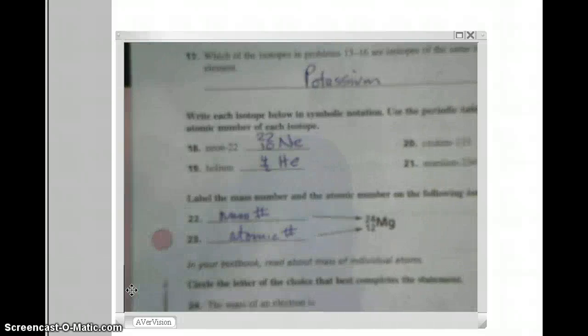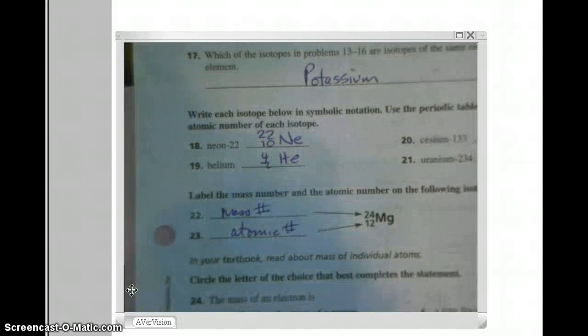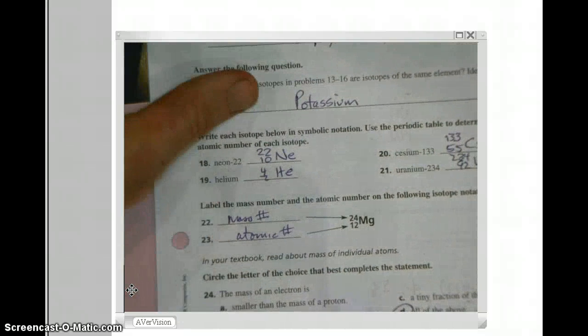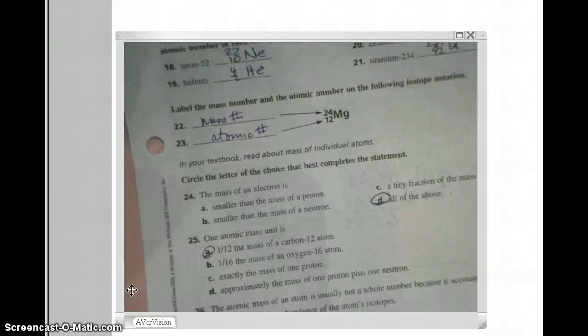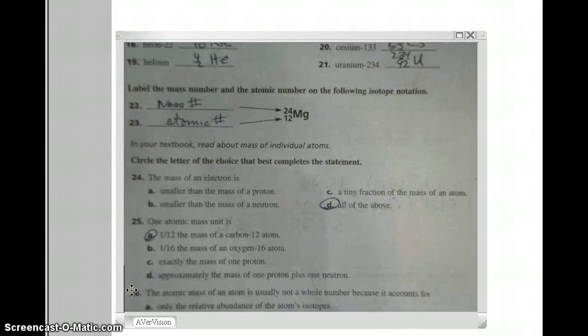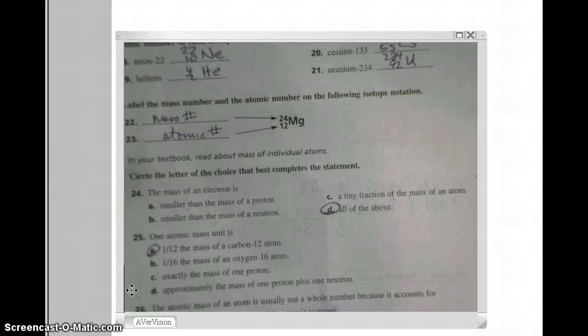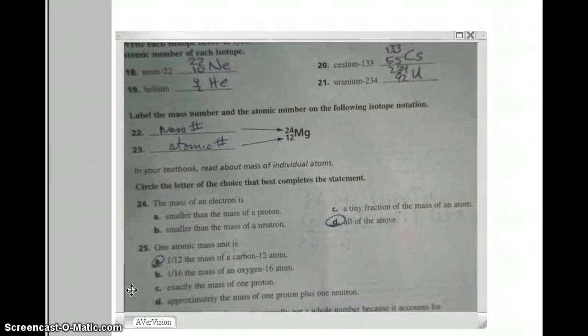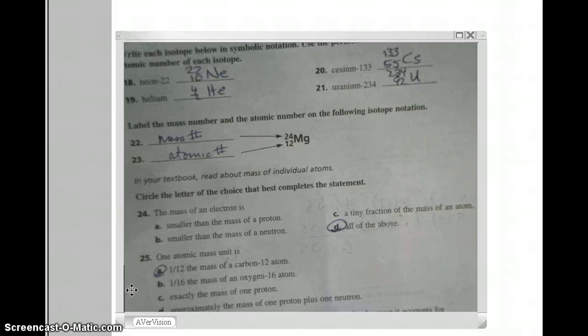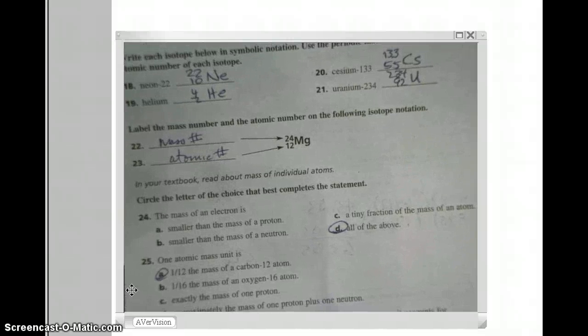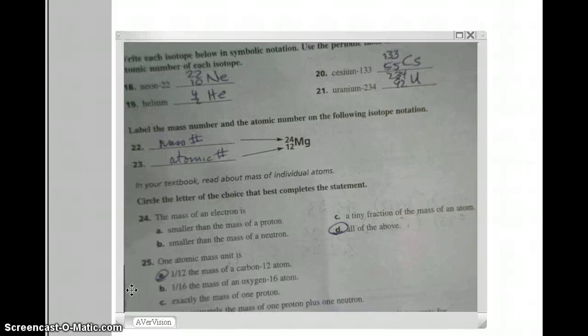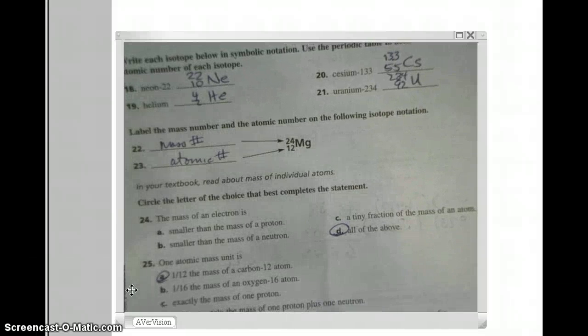It says the mass of an electron is A, smaller than the mass of a proton, B, smaller than the mass of a neutron, or C, a tiny fraction of the mass of an atom. Well, the mass of an electron is all the above. Okay, and on number 25, the atomic mass unit is also carbon, that 1/12 the mass of the carbon atom.